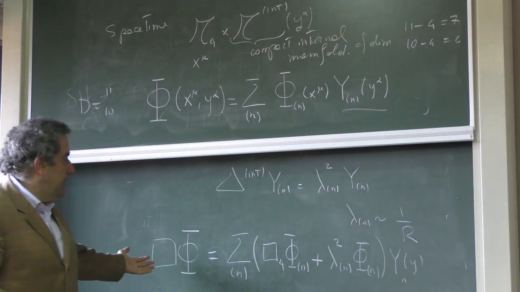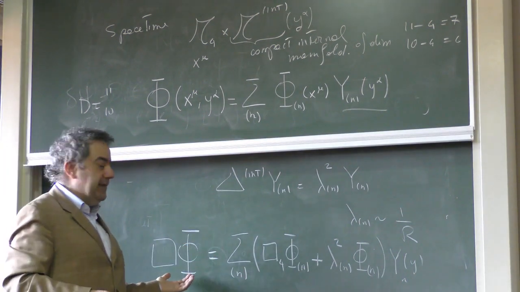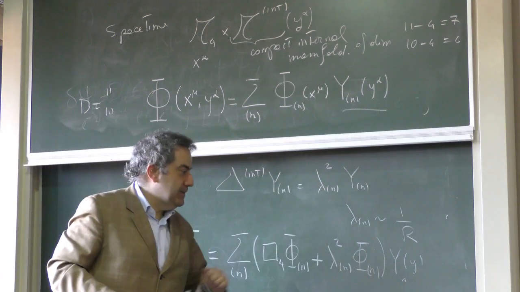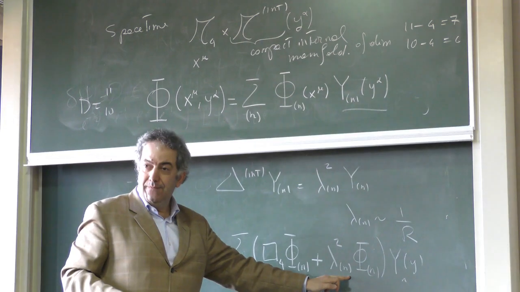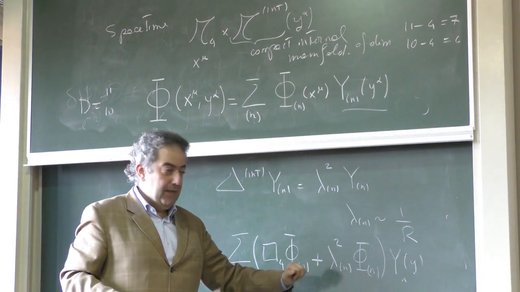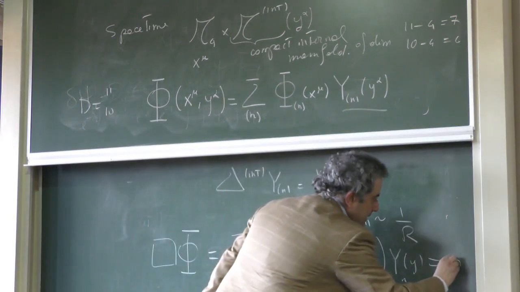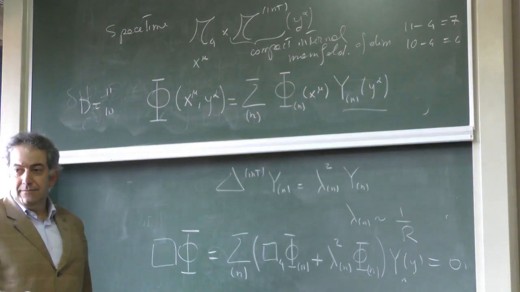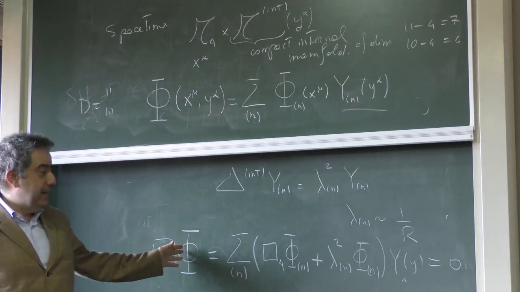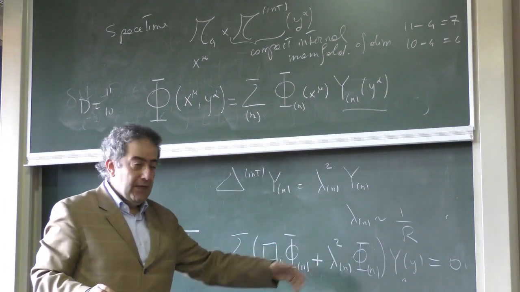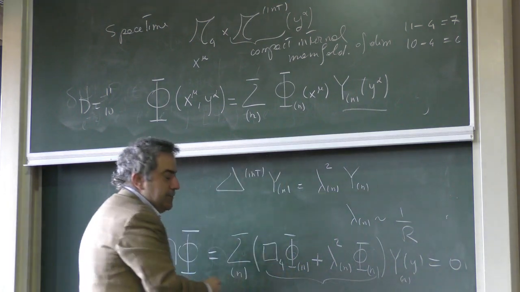When the Laplace operator acts on y, it gives you lambda squared. Now, if this is a massless free field in 10 dimensions, this has to be 0. But if this is 0, this means that for each n, this has to be 0.